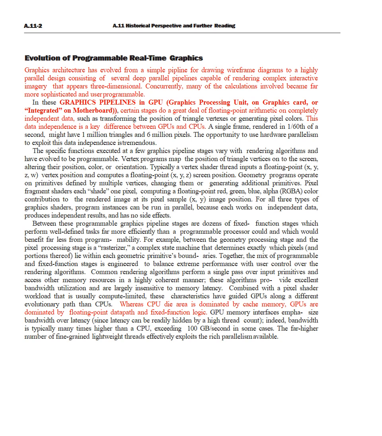So computer graphics architecture and hardware has evolved from a simple pipeline for drawing wireframe diagrams to a highly parallel processing design with several deep pipelines. Most of the students listening to this have heard of how the pipeline works. And advanced students, we design pipelines, parallel pipelines, superscalar processors.